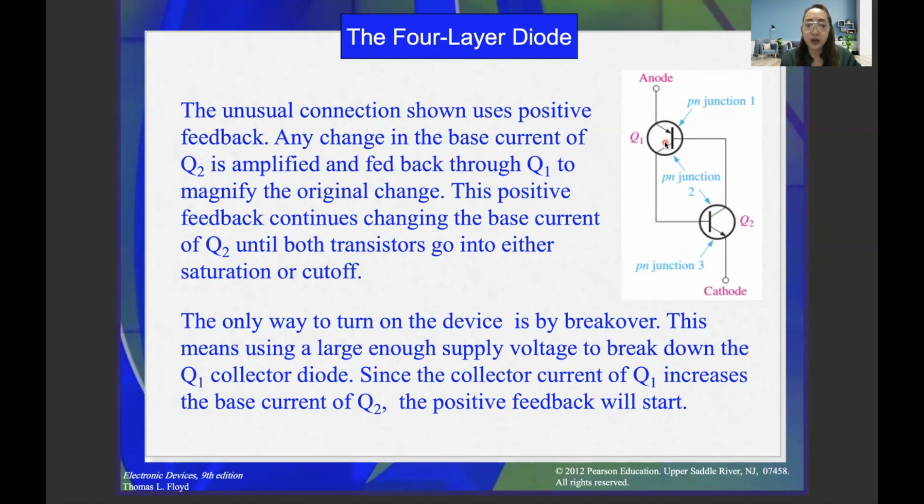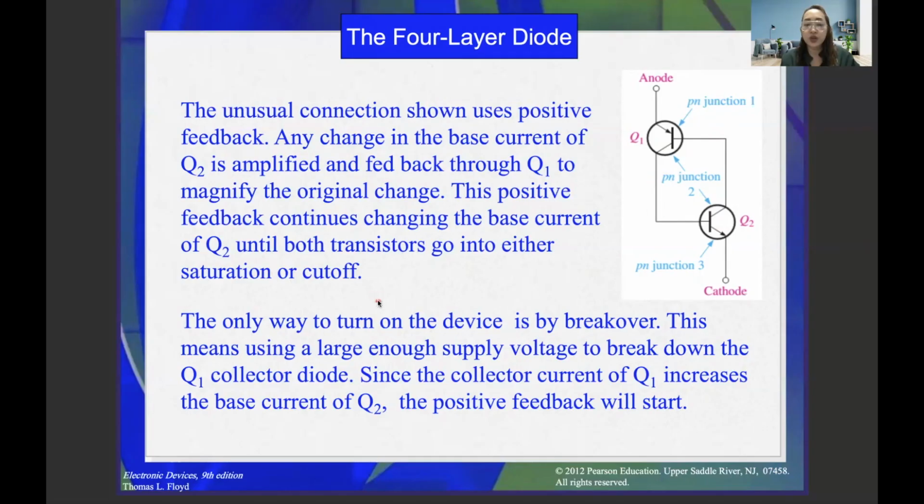This positive feedback continues changing the base current of Q2. Both transistors go to either saturation or cut off. Meaning, if the base current of Q2 fed back to Q1 magnifies the original change, that will drive the device into saturation or cut off.